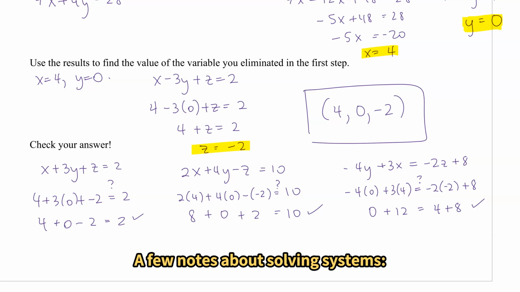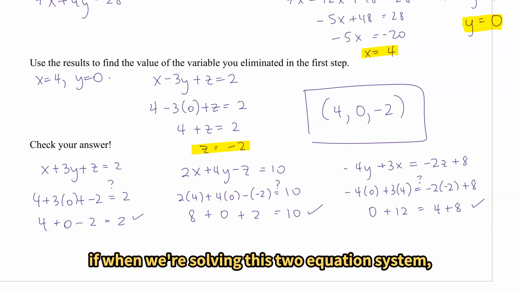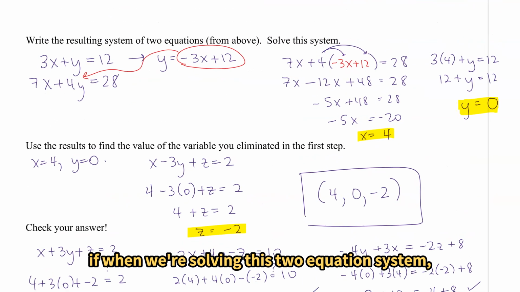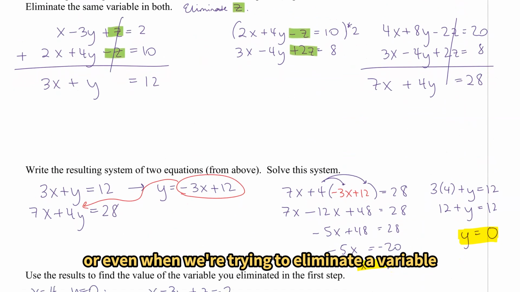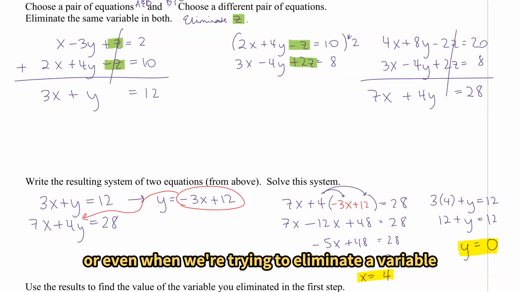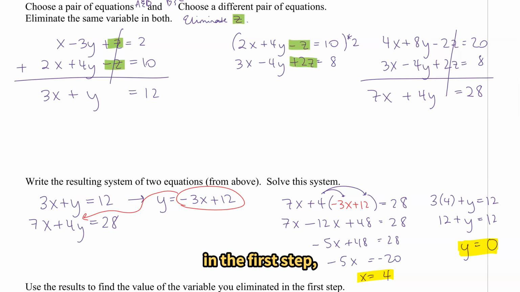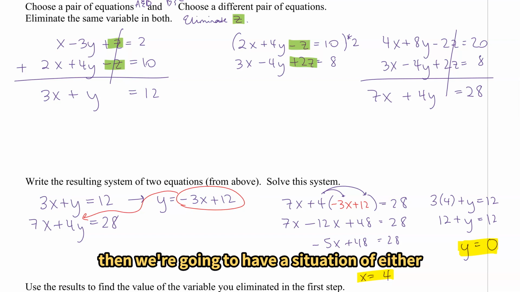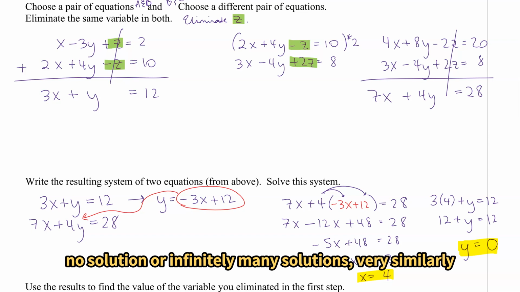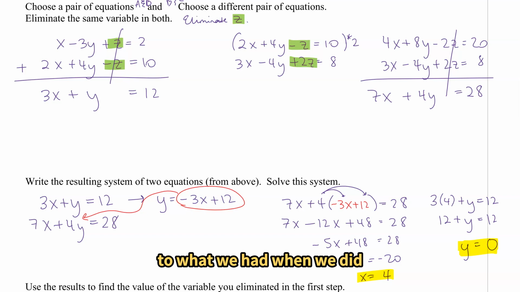A few notes about solving systems. If, when we're solving this two-equation system, or even when we're trying to eliminate a variable in the first step, we end up with all of our variables eliminated, then we're going to have a situation of either no solution or infinitely many solutions, very similarly to what we had when we did systems of two variables.